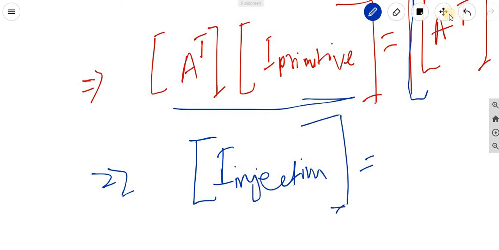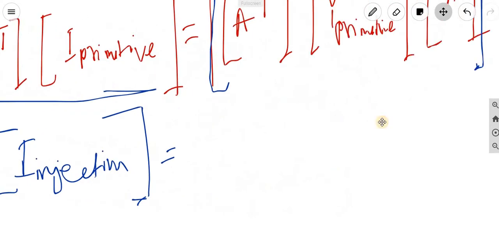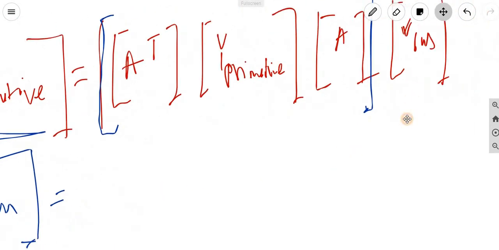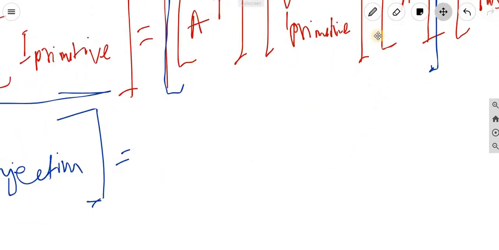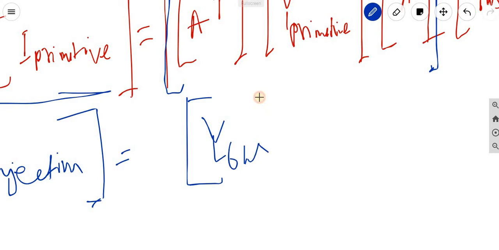If it is I injection and with this bus matrix, okay, so overall this matrix would be presenting as a Y bus matrix.